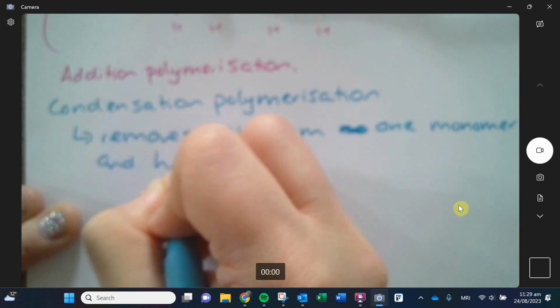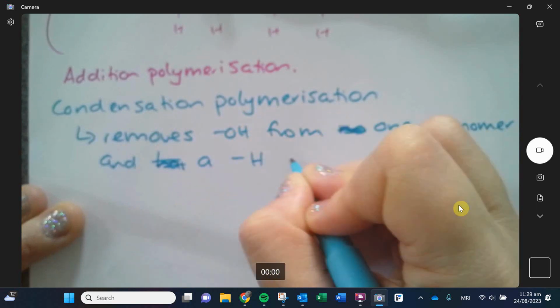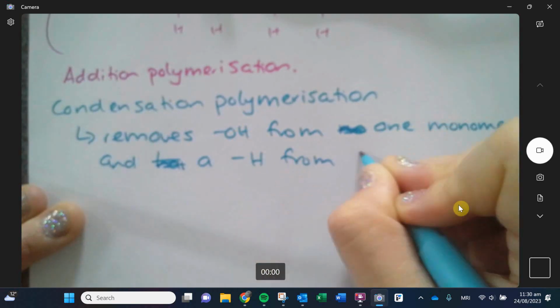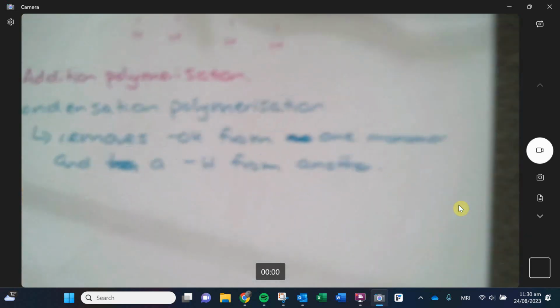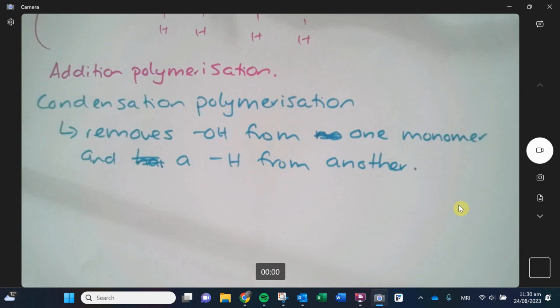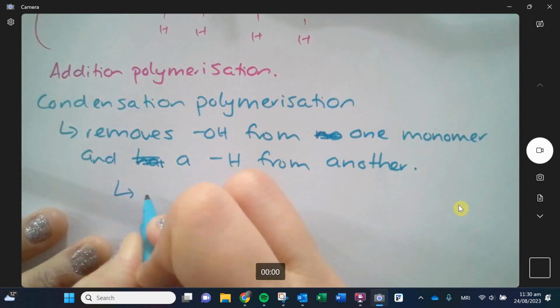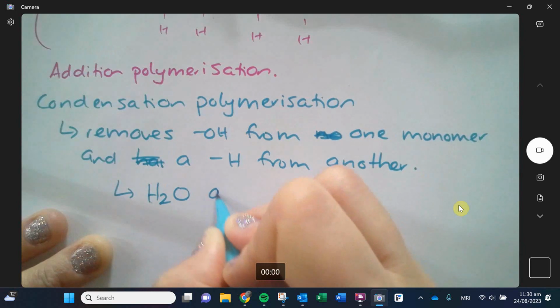And a H from another. So we're removing one hydrogen and one OH from each monomer. So there are two monomers that we're putting together. What this means is that we have water, H2O, as a byproduct.